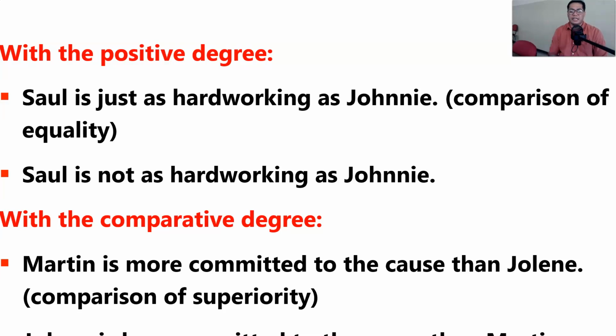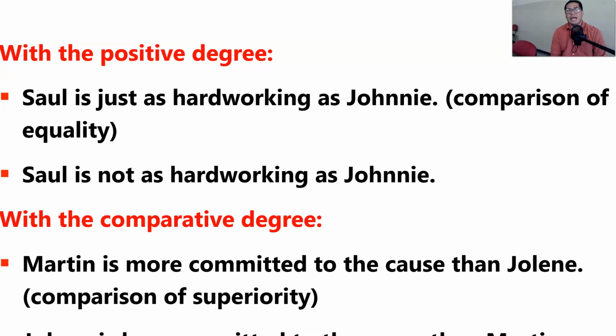But if I want to show that one element exhibits the quality to a higher degree, or on the other hand, you can also say to a lower degree, then you are going to use the adverb not. And say, for example, Saul is not as hardworking as Johnny. I am not saying that Saul is not hardworking.